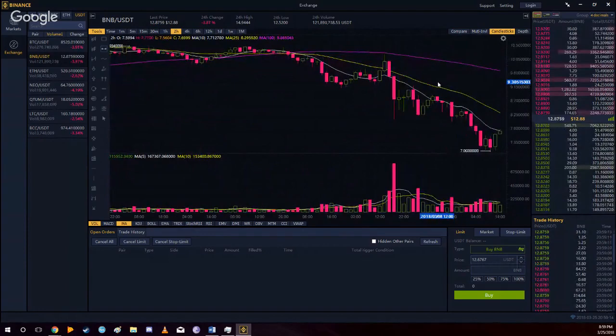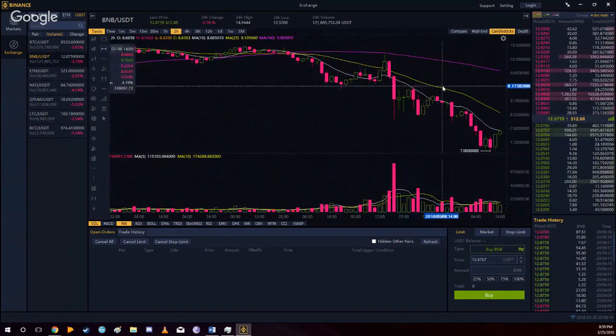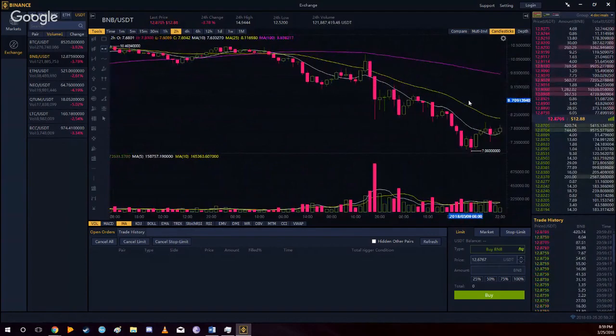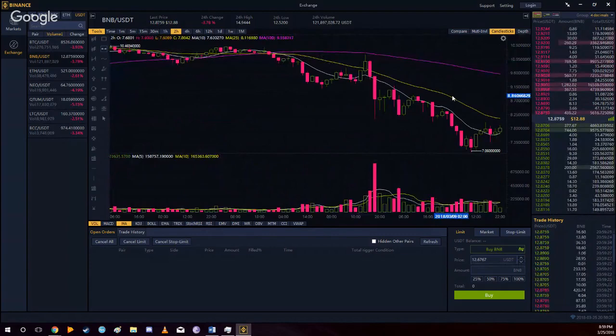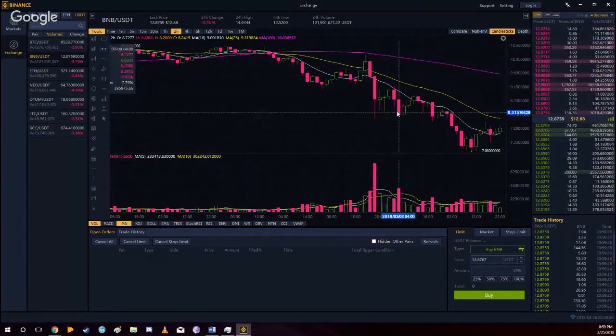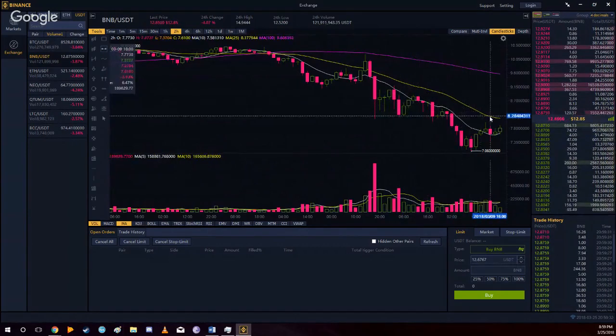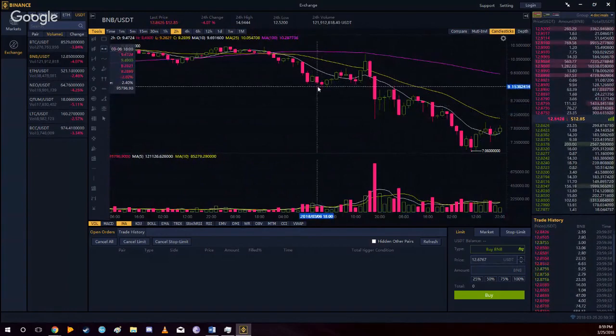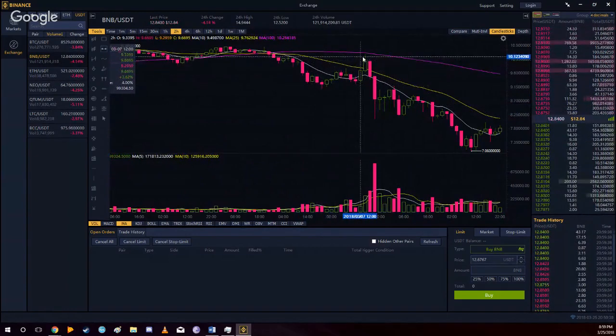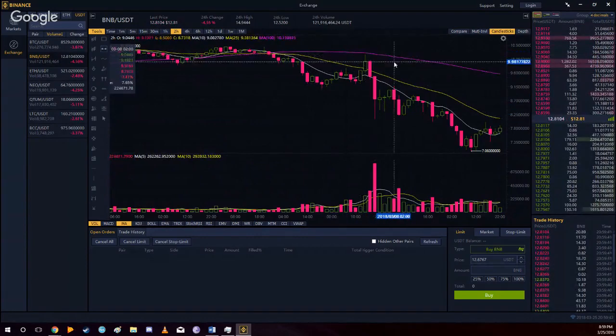It went down again because it never hit the moving average 25, just here. If you'd have bought here, it didn't hit the MA25. If you'd have bought here, it almost pierced the MA100 but didn't quite.